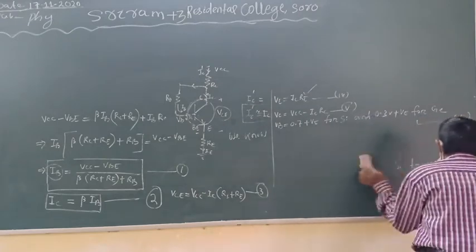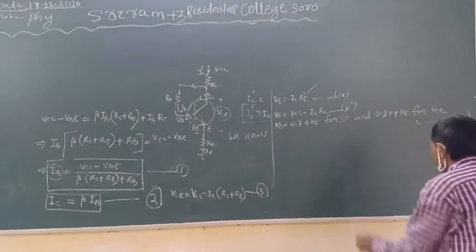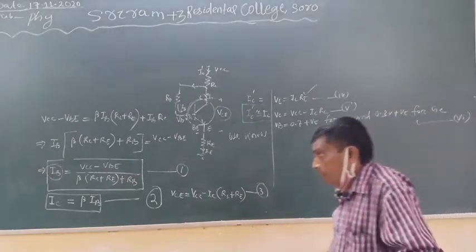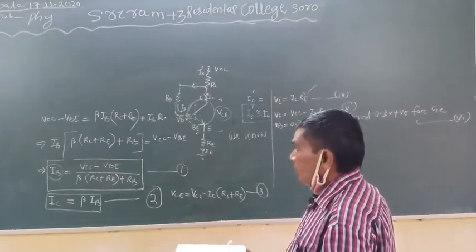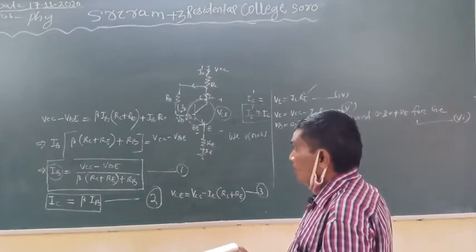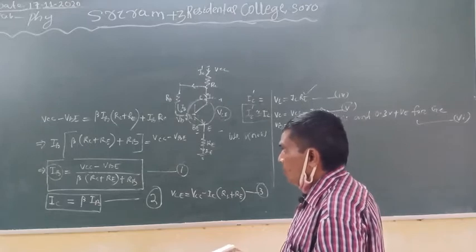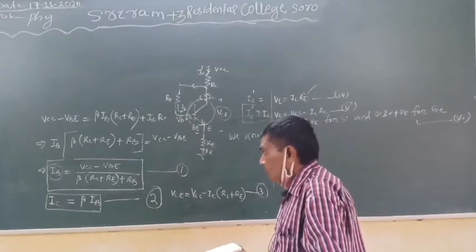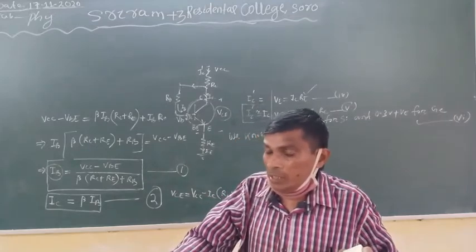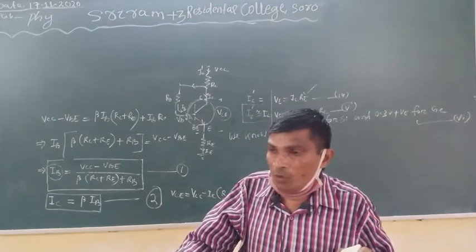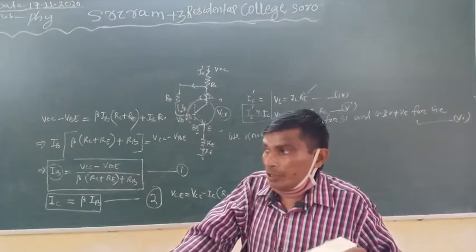So these are all the details of biasing in the DC model of the self-bias method. Self-bias method means DC biasing with feedback voltage from the collector circuit.